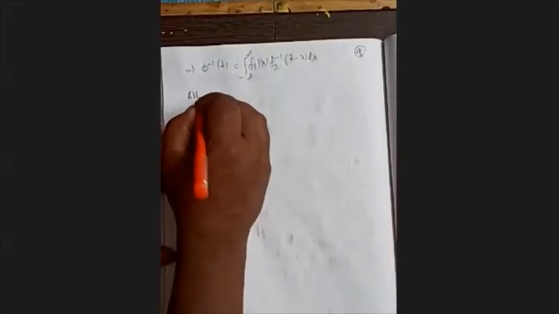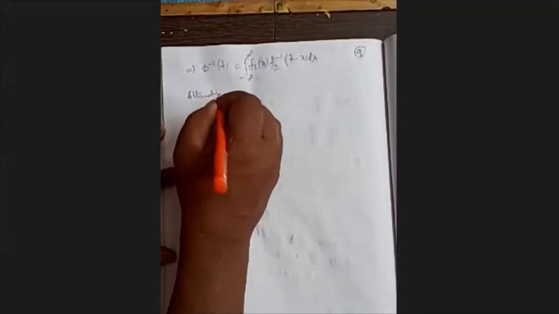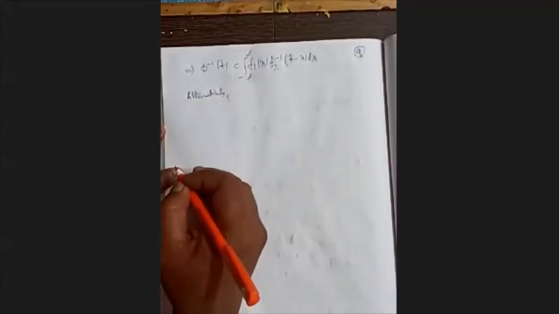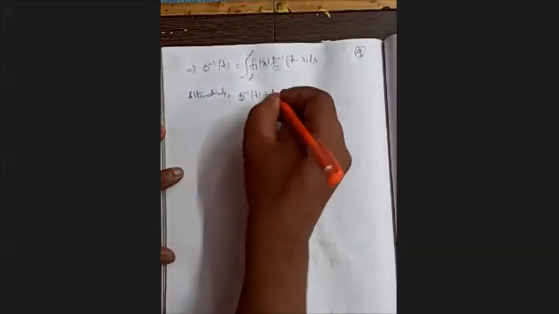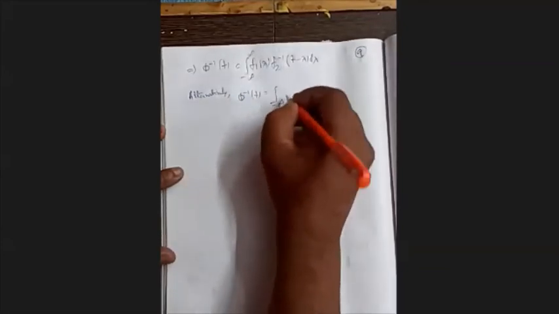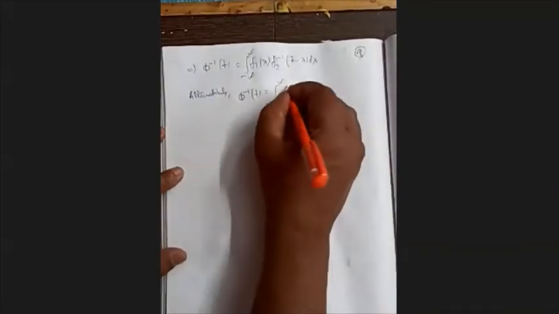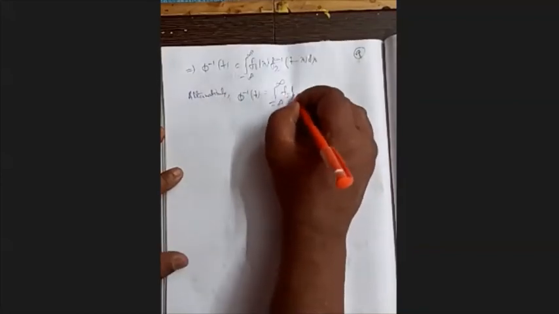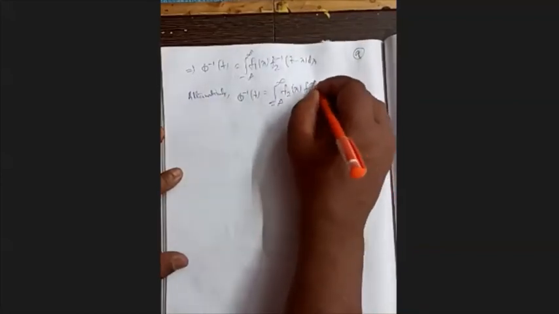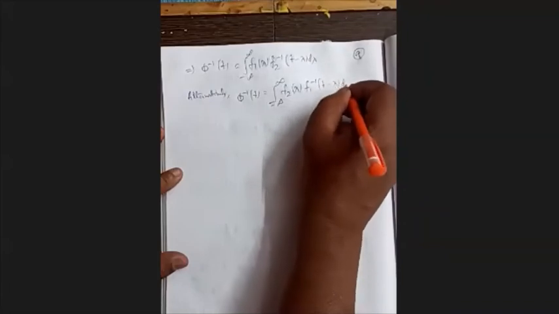Alternatively, phi minus 1 of t equals, if you interchange the first and second function, the integral of F2 lambda F1 minus 1 of t minus lambda d lambda.